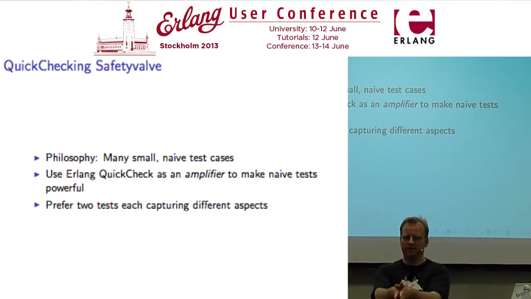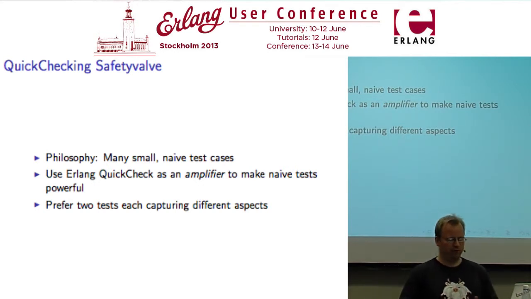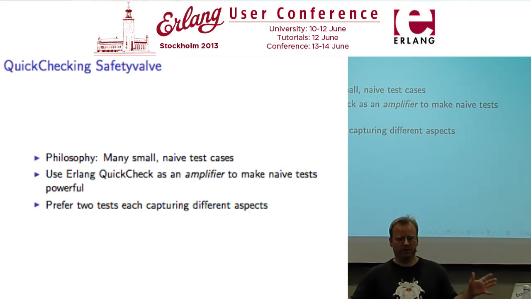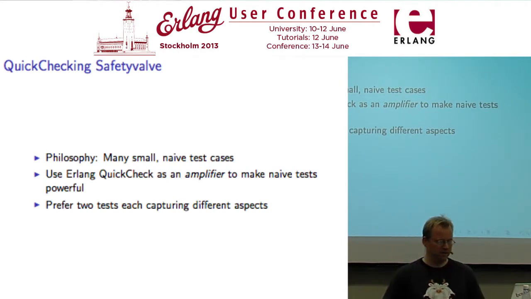So you write a simple naive test, and then you use QuickCheck as the amplifier by randomizing this test over and over again. That makes you able to do really interesting stuff and find a lot of bugs in your code. So always prefer more tests. That's the generic philosophy, rather than having a single one that has all the specifications.